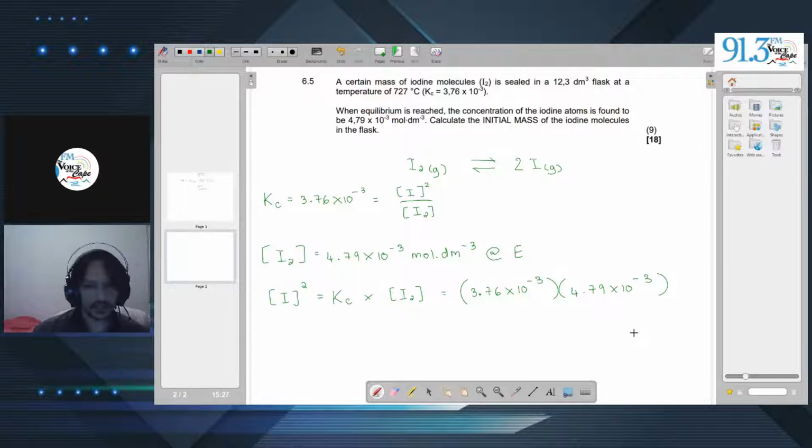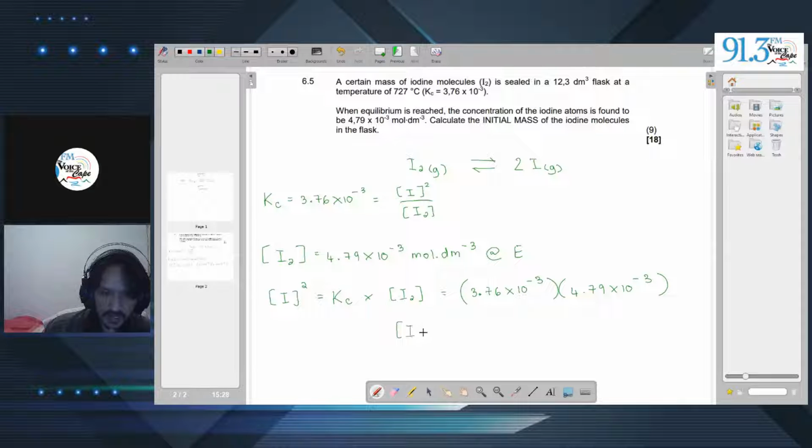Where's my calculator? Let's take a look at this. 3.76 times 10 to the minus 3 times 4.79 times 10 to the minus 3. Oh, I don't think that's correct. Give me a second. And that gives us a value where it tells us that I squared is equal to 1.80 times 10 to the minus 5.